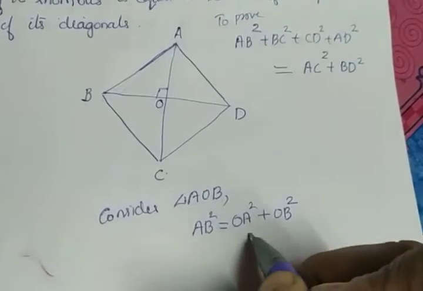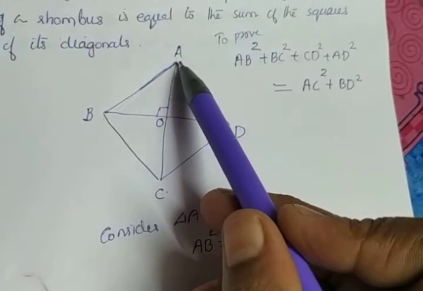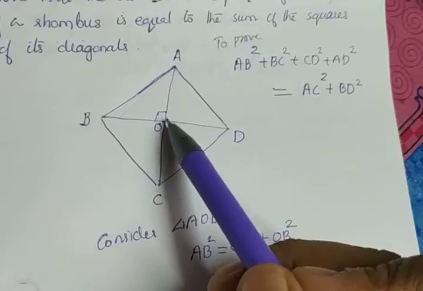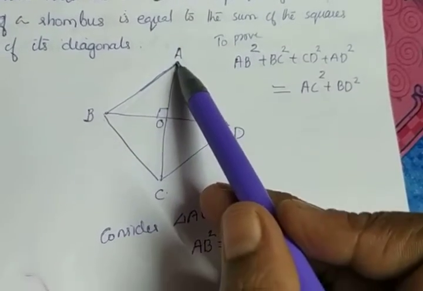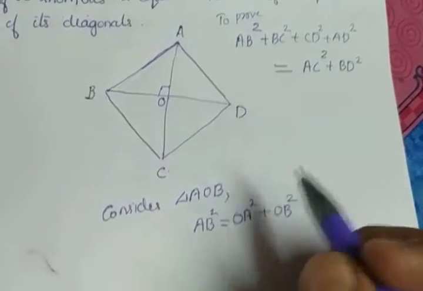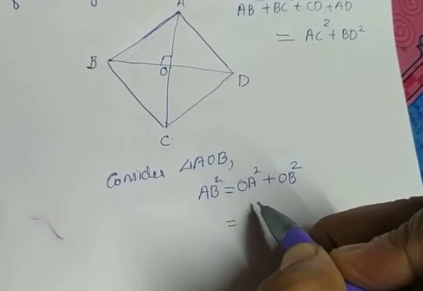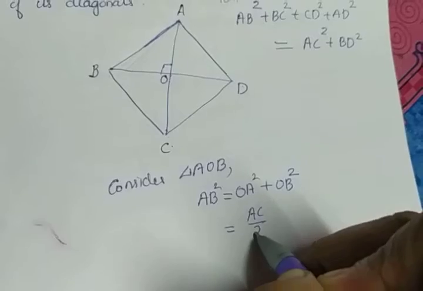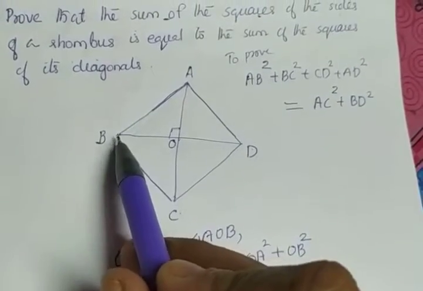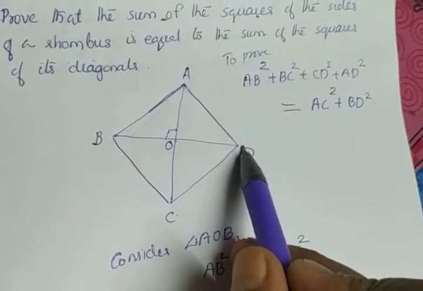Okay, what about OA? OA is this much length. I already told that the diagonals are perpendicular bisectors. So instead of OA, I can give the value 1 by 2 of AC. It is AO is half of AC. So instead of AO or instead of OA, we can give AC by 2, the whole square, plus instead of OB, what we can give? OB will be half of BD, isn't it?